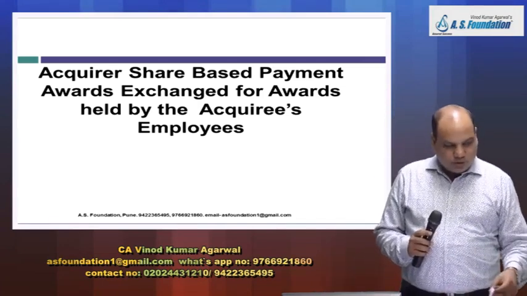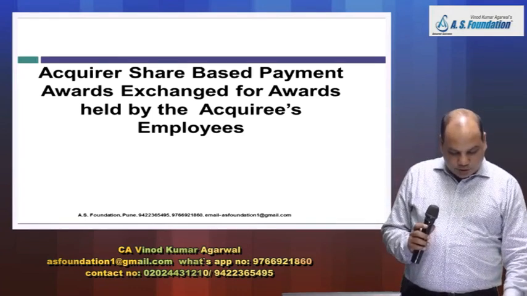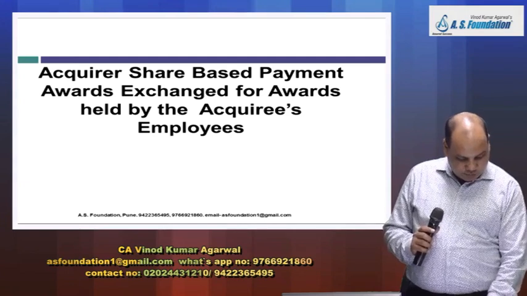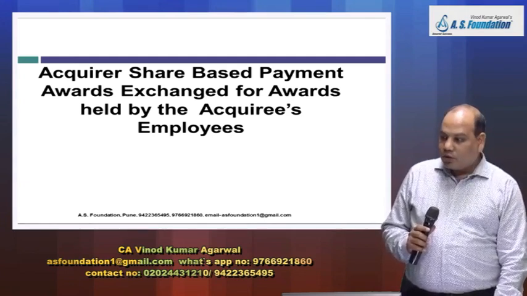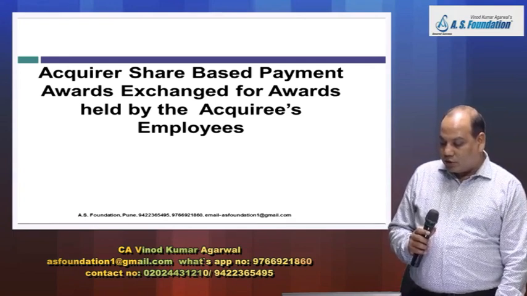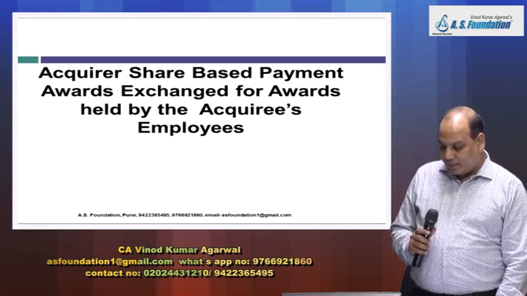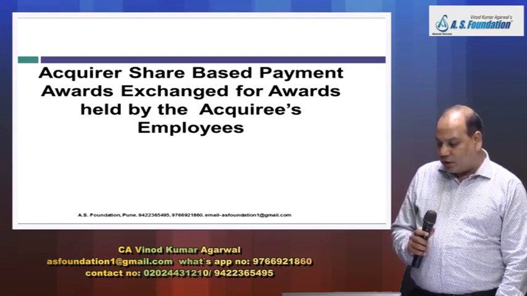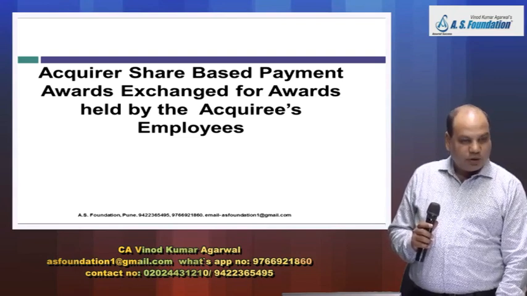Now we'll again discuss some theory part. And again a long list of question answer session will begin. Paragraph next now. Acquirer share based payment awards exchanged for awards held by the acquiree's employees, after question number 22.